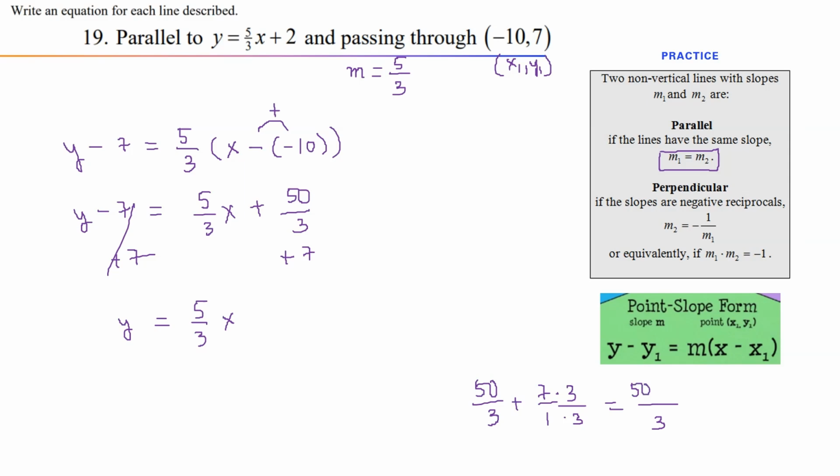So we'll have 50 plus 21, right? So that should be 71 over 3. And 7 plus 1 is 8, which is not divisible by 3, so that should be 71 over 3. That is the simplified one.